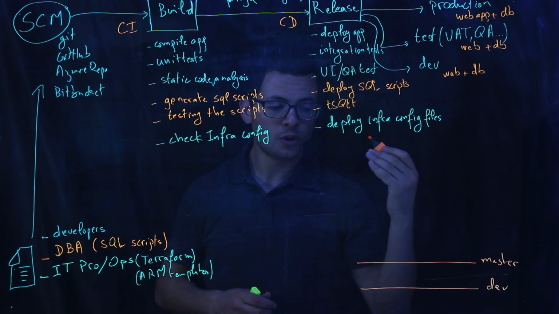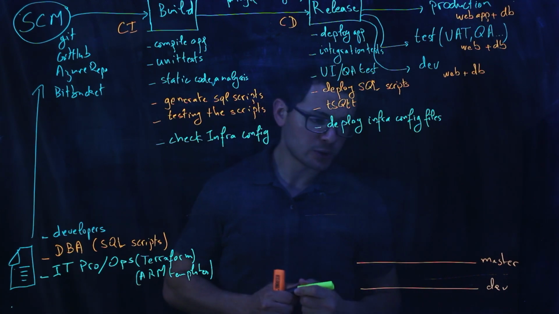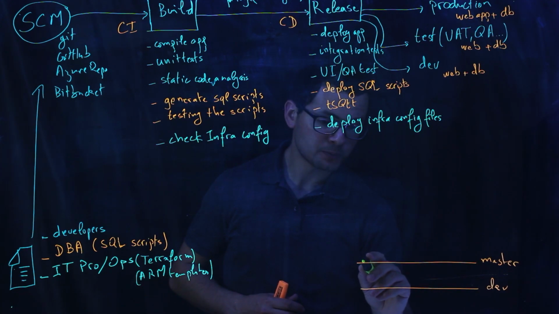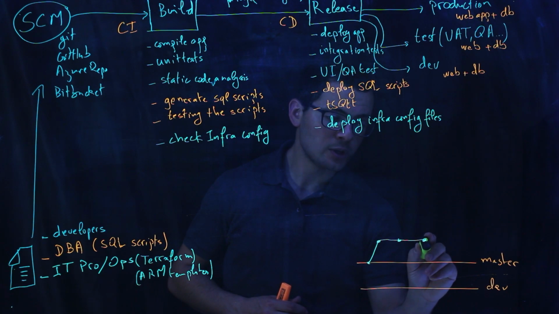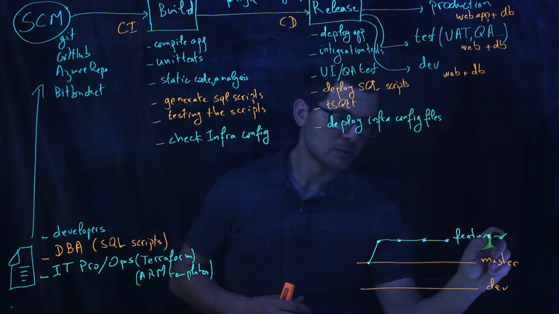Each developer will take a user story and develop it. So he will create another branch from dev or from master, and develop the application, committing only on his own branch. This will be called the feature X branch.